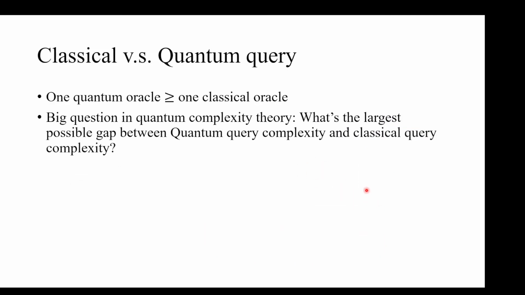So one quantum oracle is always better than or equal to one classical oracle. But the big question in quantum complexity theory is how much better a quantum oracle is than a classical oracle. Basically, we are looking for quantum speedup over query algorithms. We want to see what's the largest possible gap between quantum query complexity and classical query complexity.